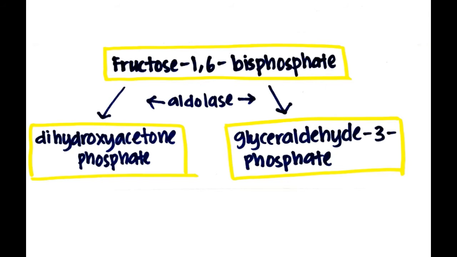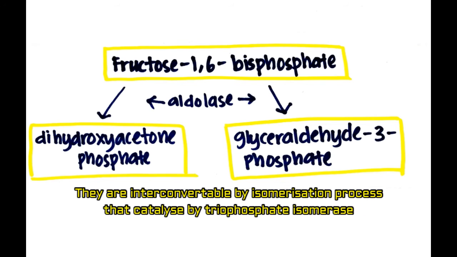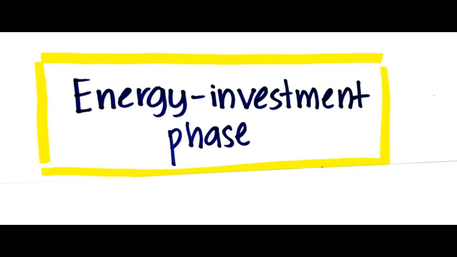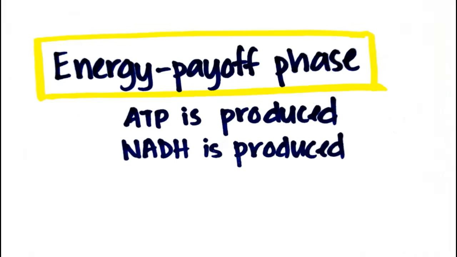Glyceraldehyde 3-phosphate and dihydroxyacetone phosphate are isomers and are interconvertible. This process is called isomerization, which is catalyzed by the enzyme triose phosphate isomerase. That is the end of the energy investment phase, where ATP is used.